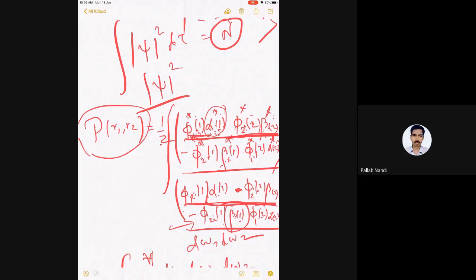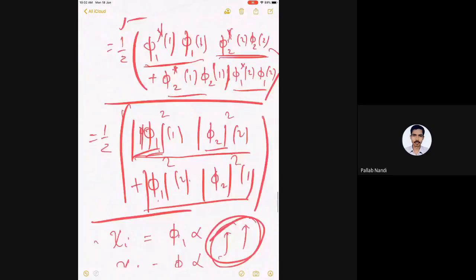But in general, they are not the same. Both wave functions have 1 and 2. When I'm integrating psi star psi, the coordinates have to be the same, right?